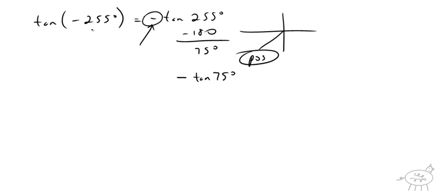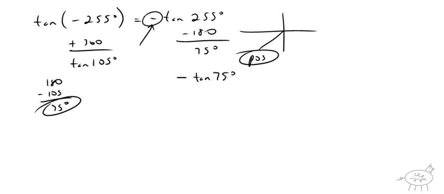Truly, we could have done a little bit different way. I could have just added 360 to that 255, and that would have been okay. That would have given us 105 degrees, and then we deal with 105 degrees. Think about that: if I would have added 360 just due to coterminal, I would have tangent of 105. And what's the reference angle? 180 minus 105, which is 75.